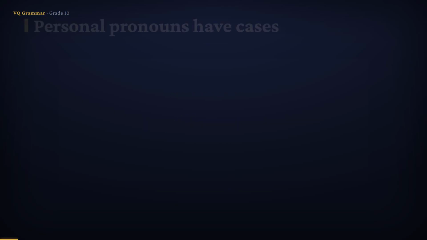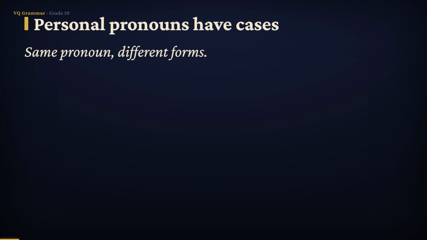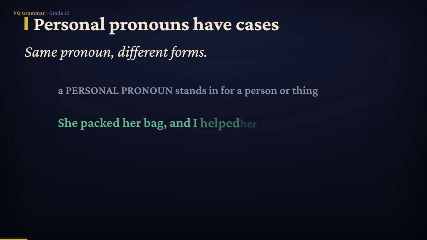Let's go get it. Every sentence needs words that stand in for people and things, and those words are the personal pronouns. A personal pronoun points to a person or a thing without naming it all over again. Listen, she packed her bag, and I helped her.